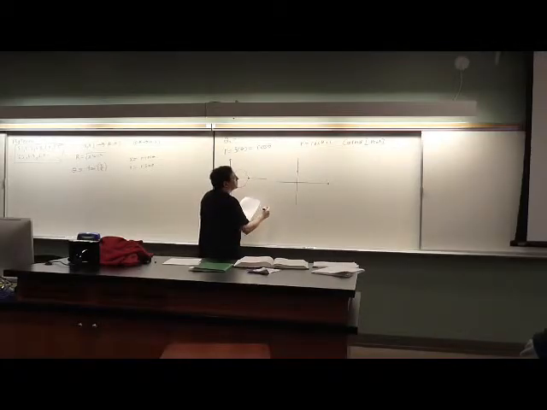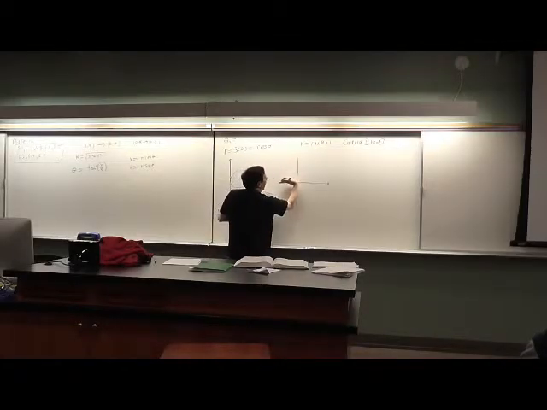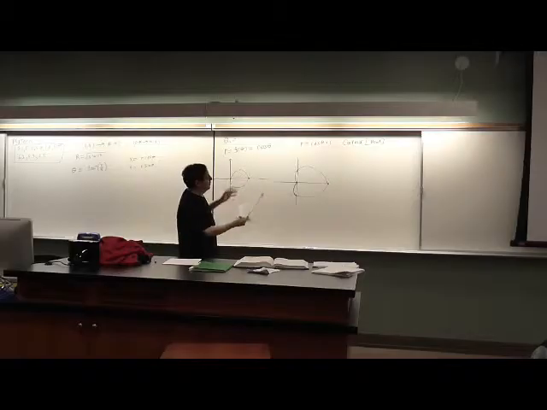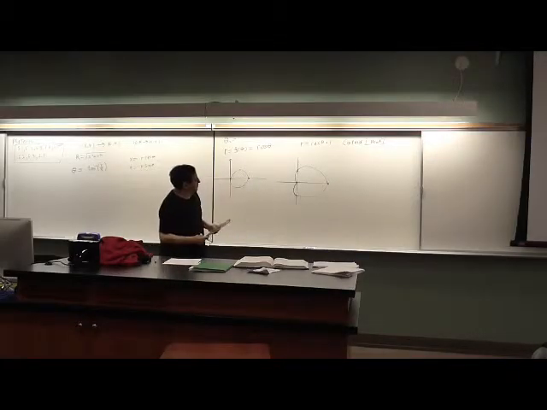At pi, way out over here, cosine becomes -1, so r becomes 0. But it does it kind of slowly. Kind of does it like this. And you get your inverted Valentine's Day symbol heart.